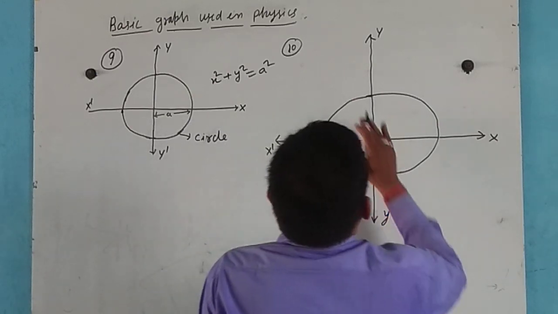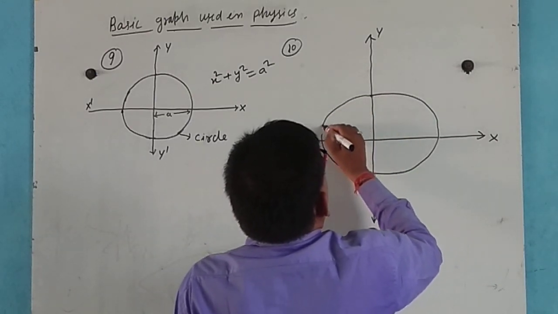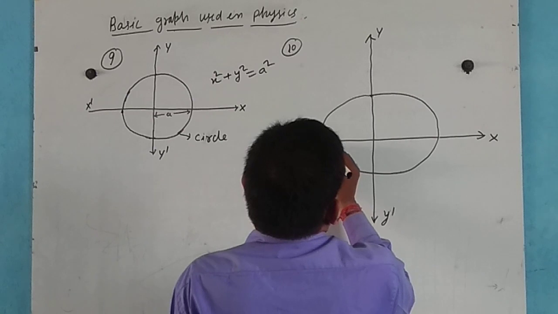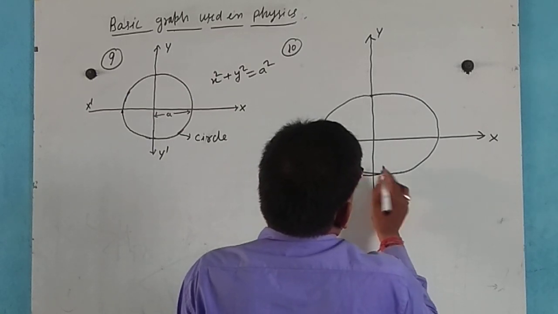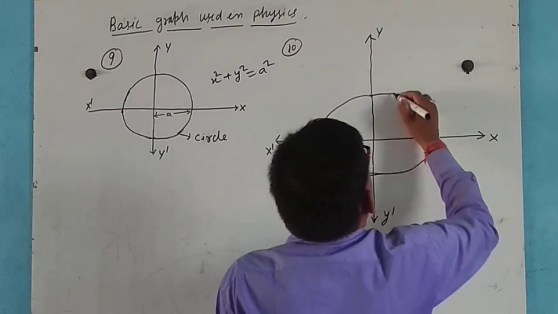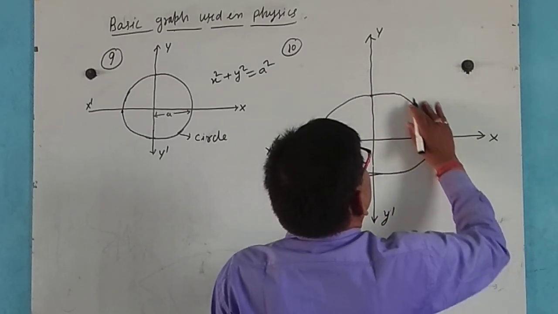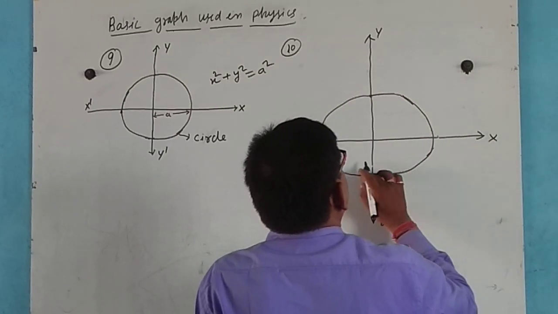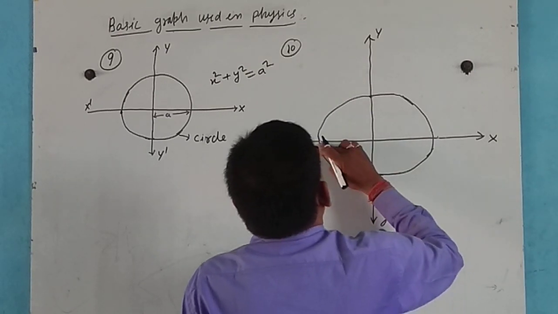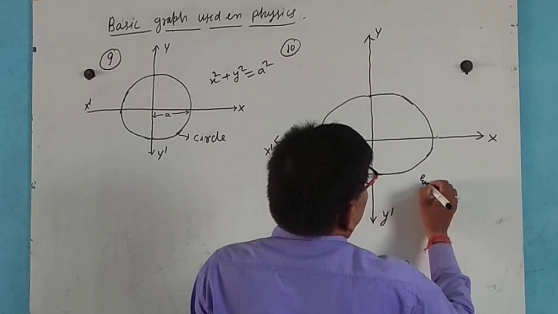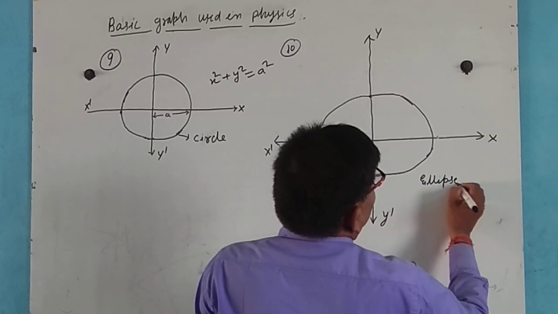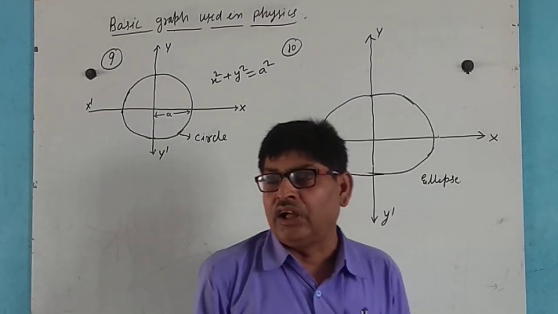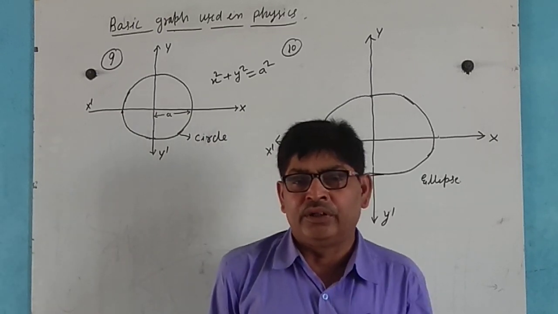This figure is known as ellipse, just like the shape of an egg.